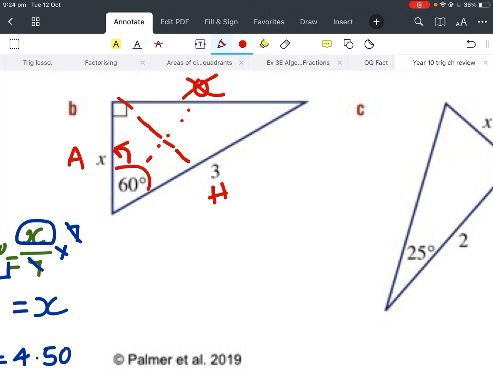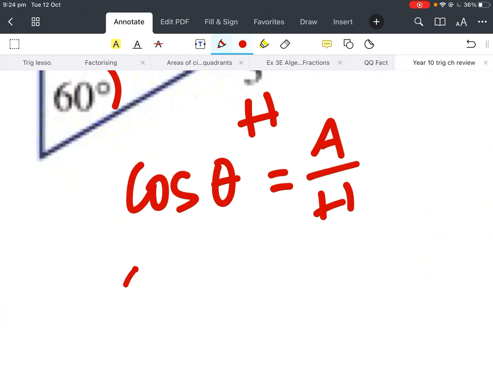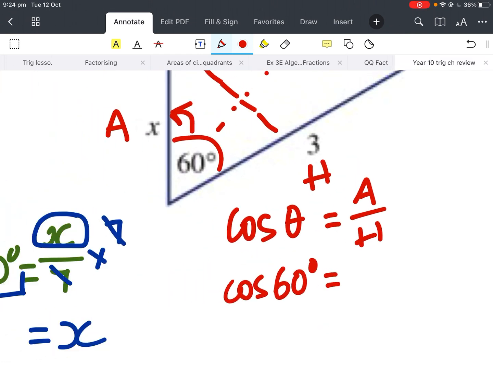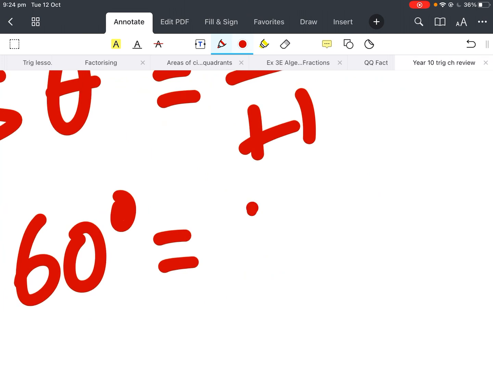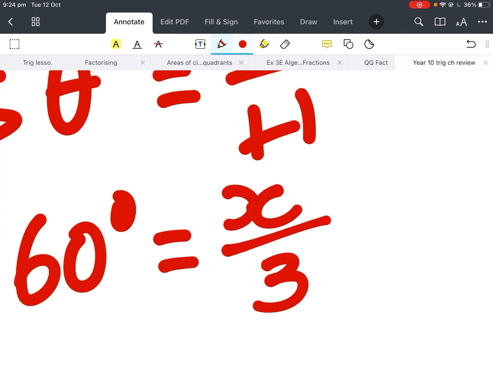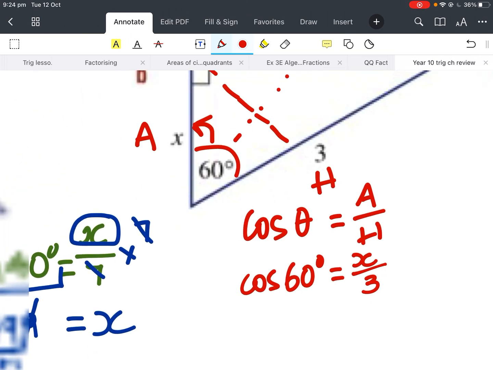Is that so, ka, or toa? Hopefully you said that's cos, miss. So this is the formula we're going to use. Okay, cos. That's 60 degrees because that's the angle. A is X, H is 3. So X goes on top, 3 goes on the bottom, okay?